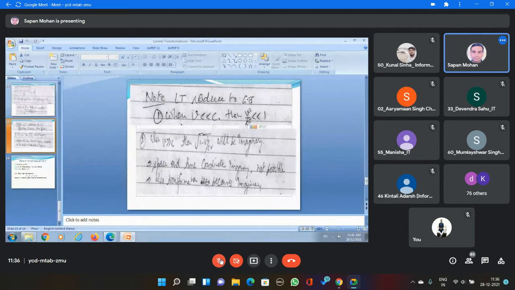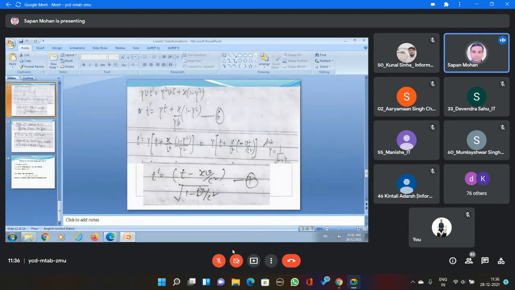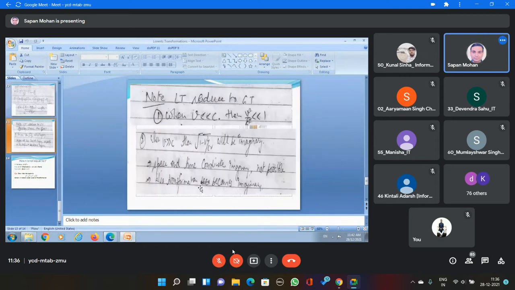After that, we have seen that when velocity v is less than c, it reduces to the Galilean transformations. And when v is greater than c, it is imaginary. Last lecture we discussed this, I think. Right?